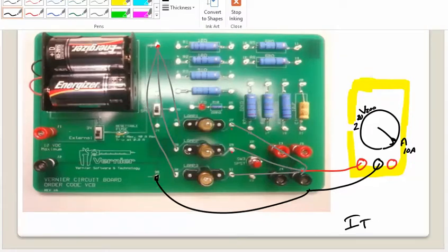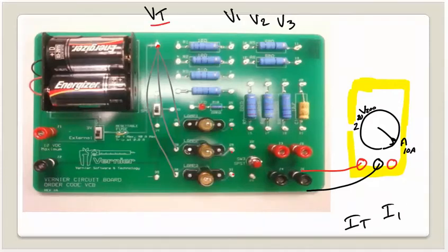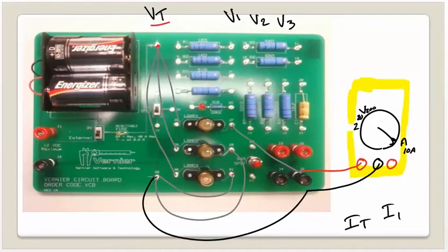To find the currents running through any individual one is going to be a little bit different. If I'm going to find the current running through the first one, then what we're going to do is I'm going to leave the second 2 still hooked up. Now I'm going to take the third one and I'm going to connect it here and run the black one over there to there. What am I doing now?